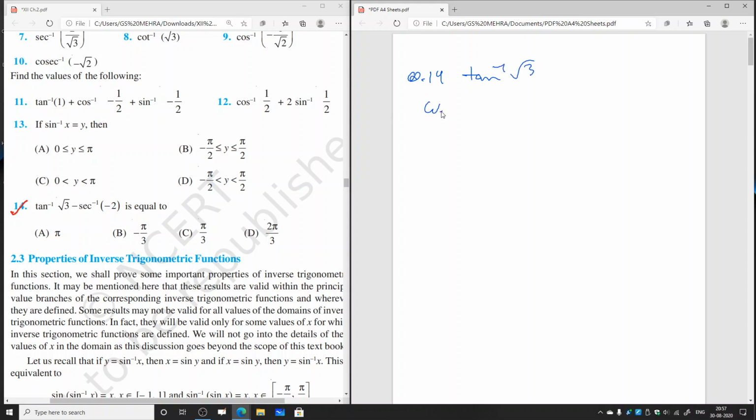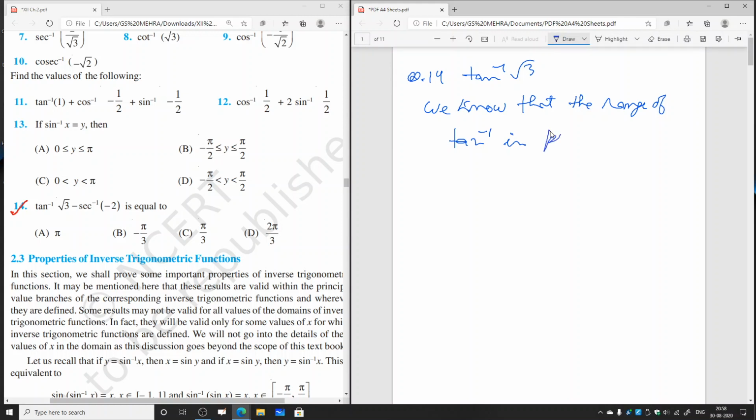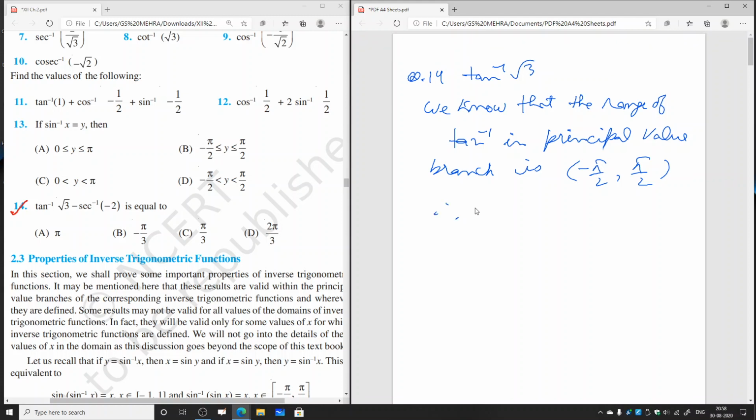We know that the range of tan inverse in the principal value branch is the open interval minus pi by 2 to pi by 2. Let us take tan inverse root 3 equal to y.